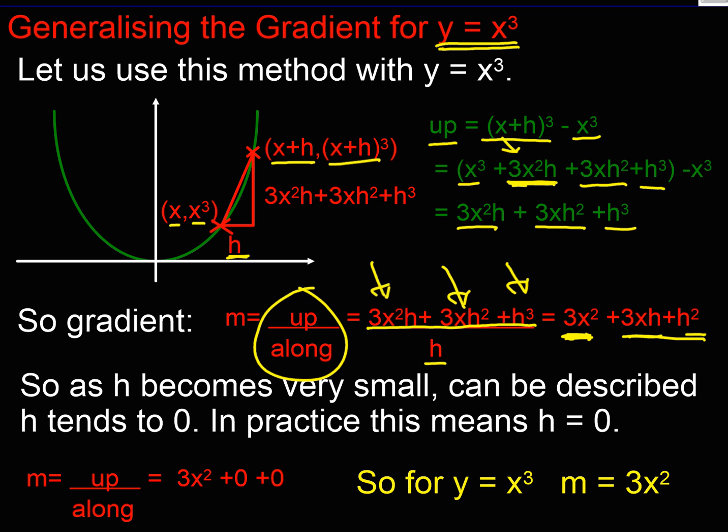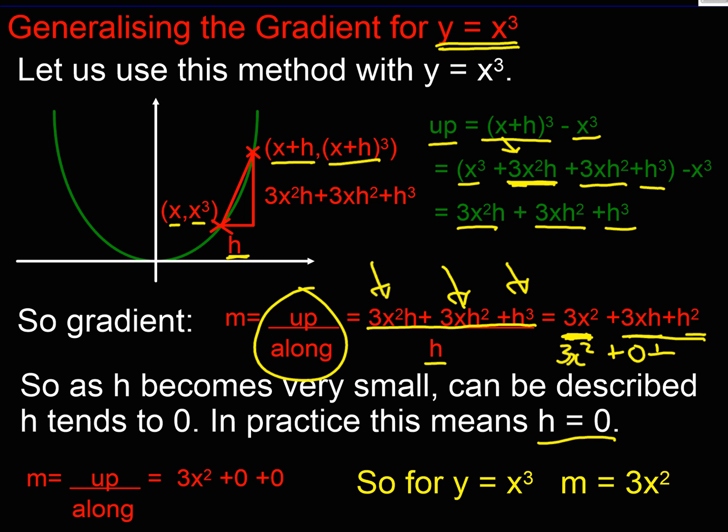Okay, then we'll follow our concept from before that we're going to make our triangle smaller and smaller and smaller. So that means our h is getting very, very small. And in practice, it means that h is becoming 0. So when h becomes 0, the first term remains 3x squared. The second term, 3x times 0, is 0.